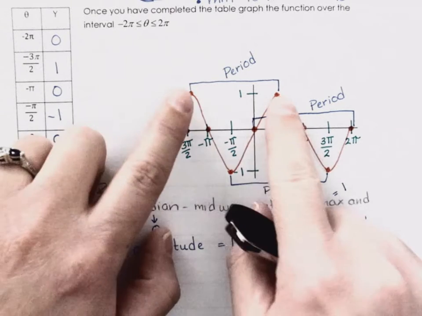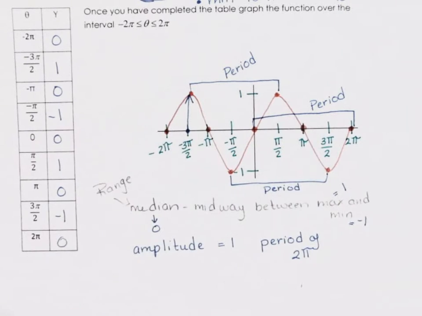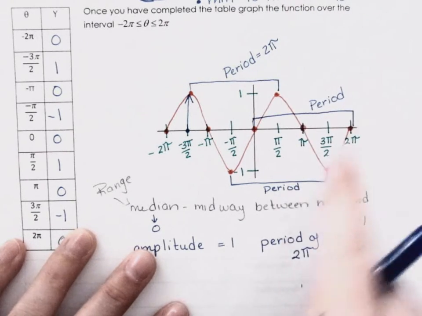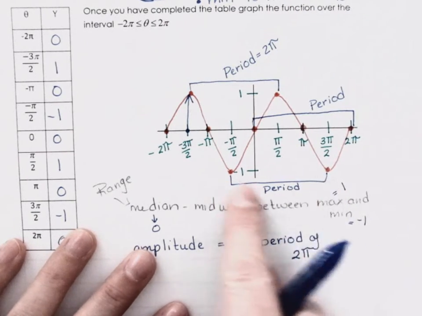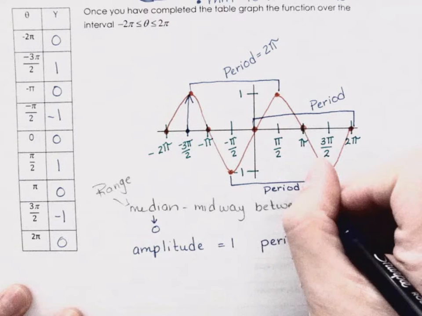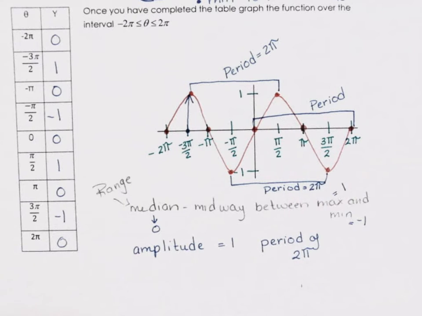So you can do it off a max to a max, and your period would be 2 pi. Your period here is 2 pi. Anybody want to guess? Also 2 pi. Your period's going to be consistent no matter which way you measure it. Everybody good with that? Okay, awesome.